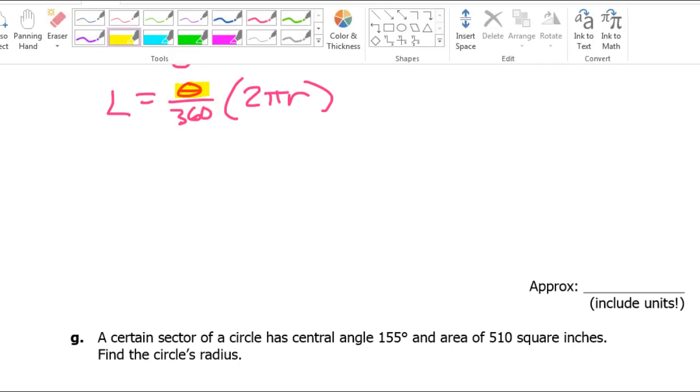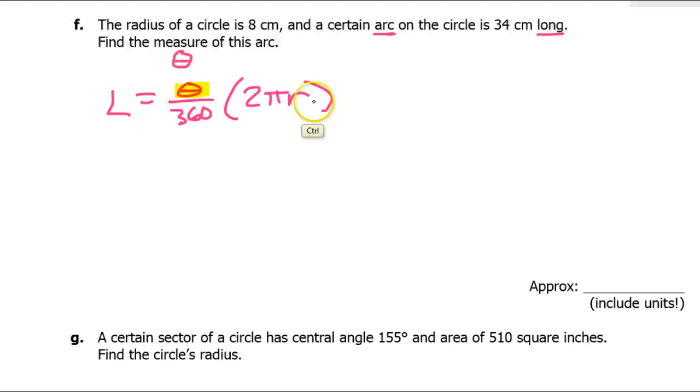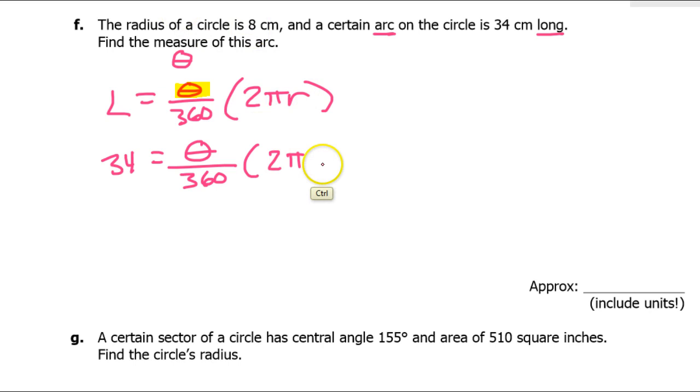That means they must give us L and r. The arc length is 34 centimeters, so I'm going to have 34 right here. We're looking for theta, and 2 pi. The radius is 8 centimeters. So I've got that.